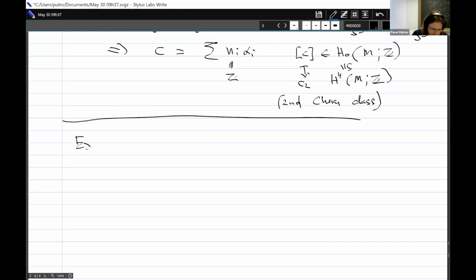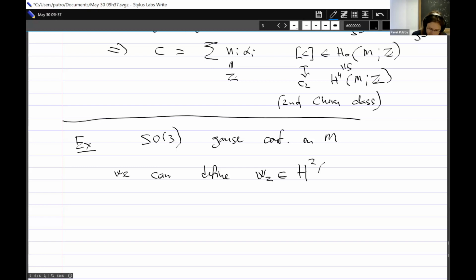And okay, finally, let me consider yet another similar example. We consider an SO3 gauge configuration M. Here we can define what is called the second Stiefel-Whitney class, and this will be a class in cohomology with Z2 coefficients.